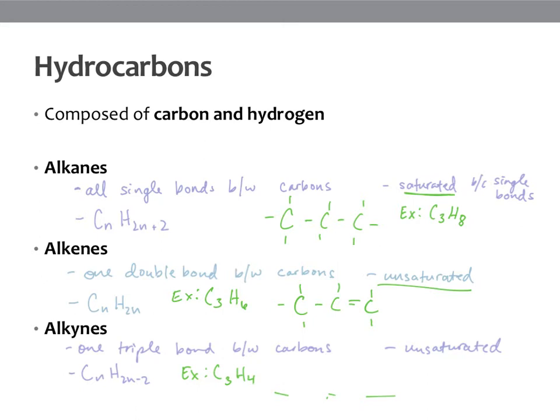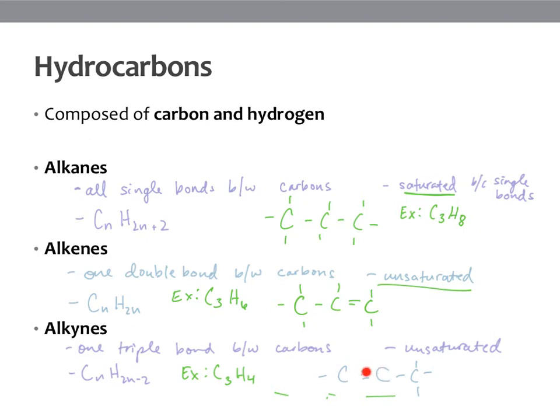So to show what this looks like, let me do it in a different color. So let's do 1. Alright, then you gotta add hydrogens. Now notice here, this triple bond counts as 3 bonds, so this carbon can only hold 1 more hydrogen.